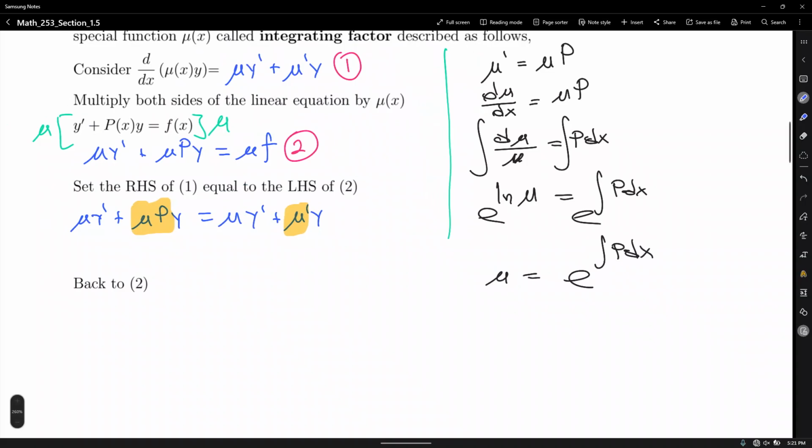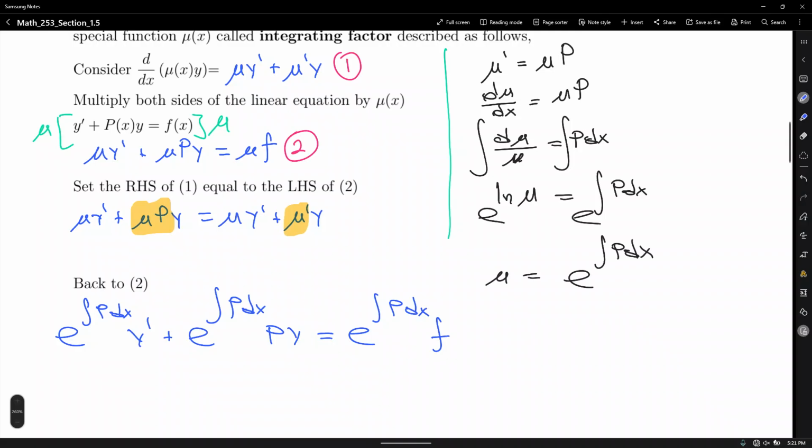So that is mu, which is e to the integral of p dx, times y prime, plus, well, not mu anymore, in this case it's e to the integral of p dx times p y equals e to the integral of p dx times the function f.